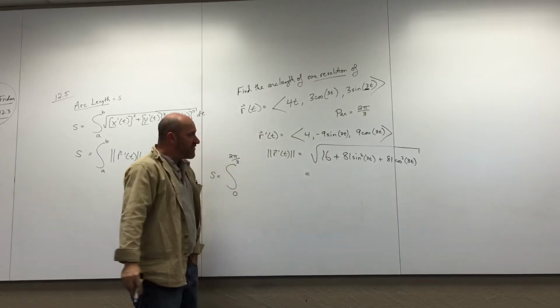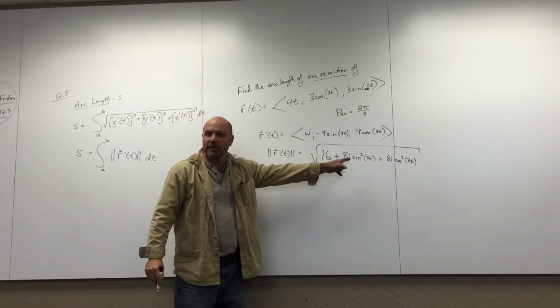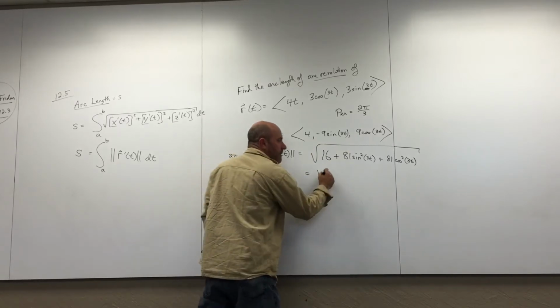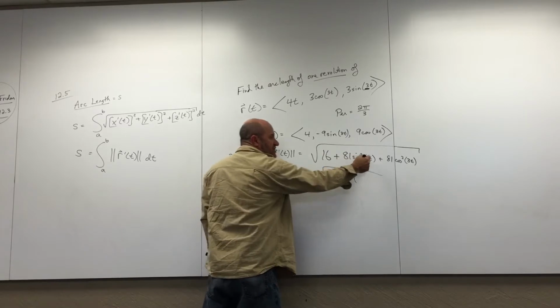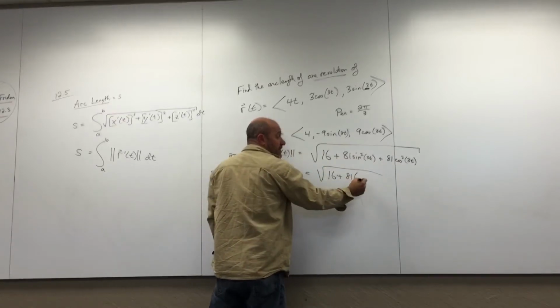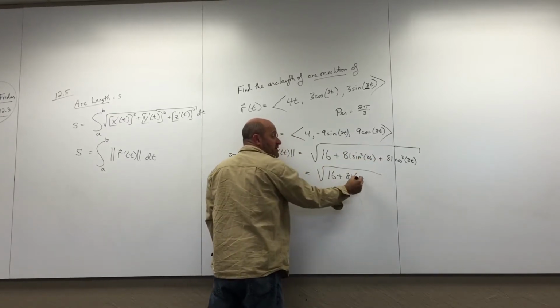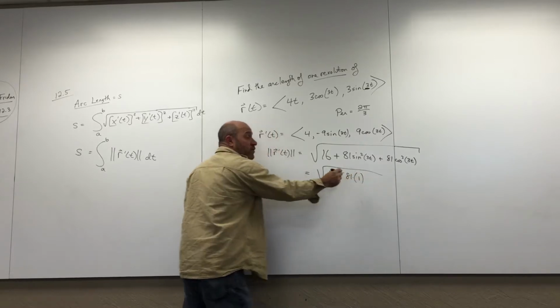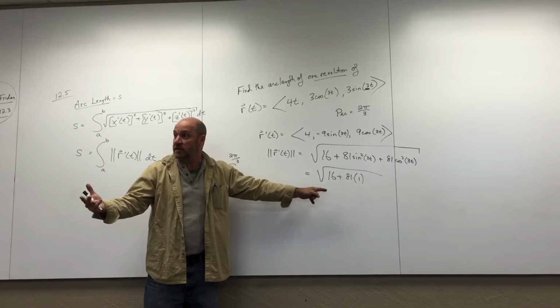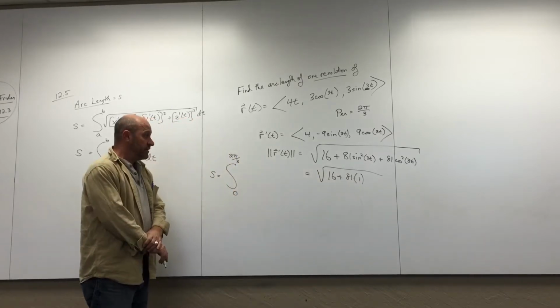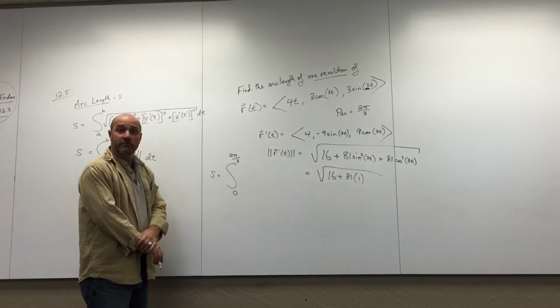You play the game where you factor out that 81, and when you factor out the 81 from those two terms, you're left with sine squared plus cos squared, which is 1. It's multiplied 1 times the 81, and then the 81 is plus the 16, so I'm left with the square root of 97.